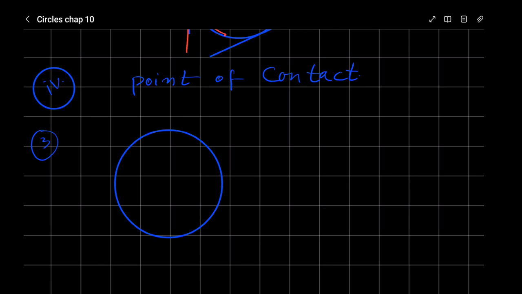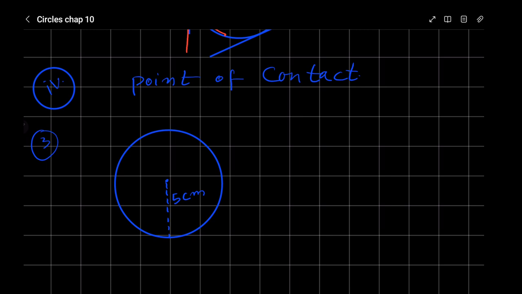Okay, so basically this is the center of the circle, and let this be the radius, which is 5 centimeter.